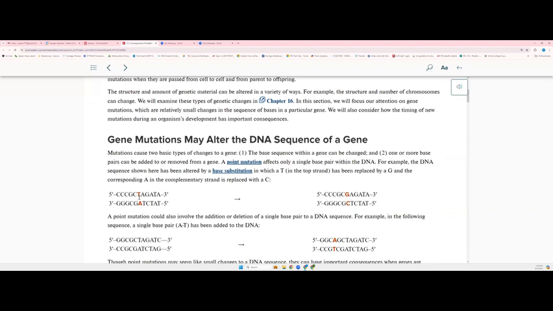Originally, there was a T here in the DNA sequence, but during the mutation, we're gonna change this T into G. Here's another example. Before there's A here, but instead we change this A to C. In these two examples, we changed only one single pair, so we call it point mutation.